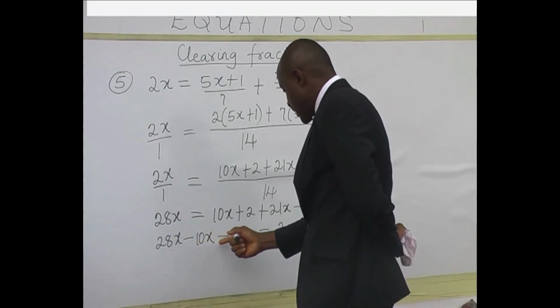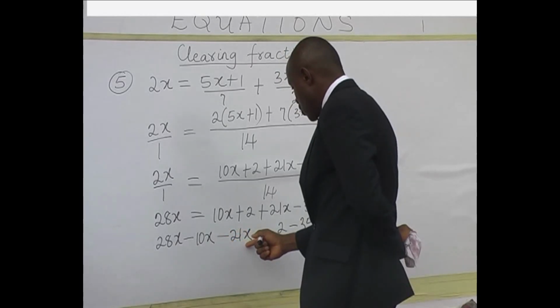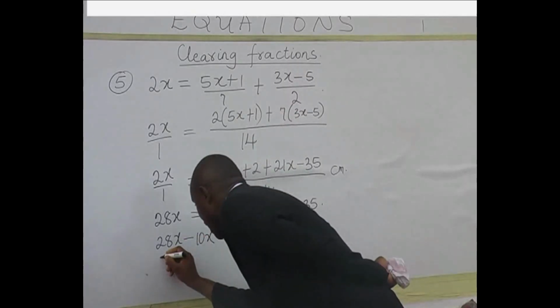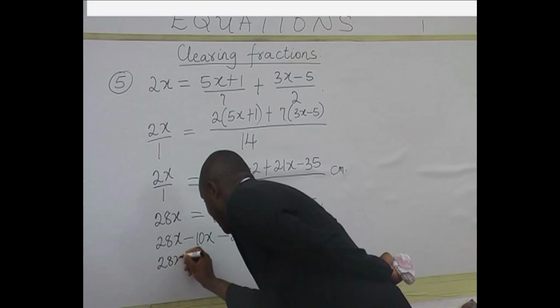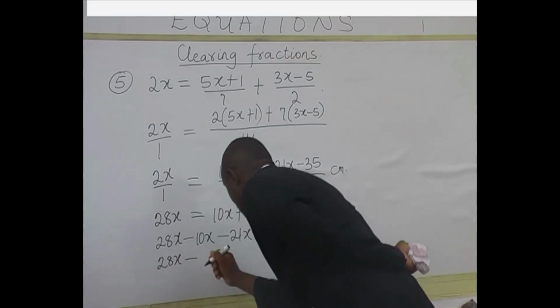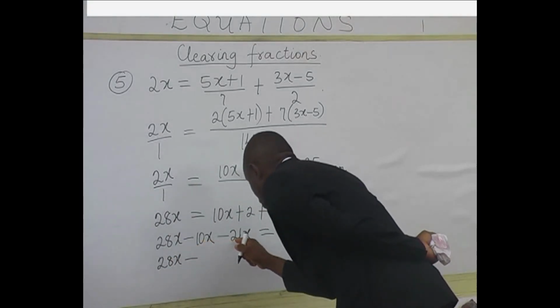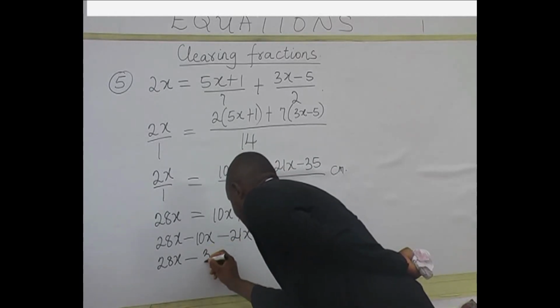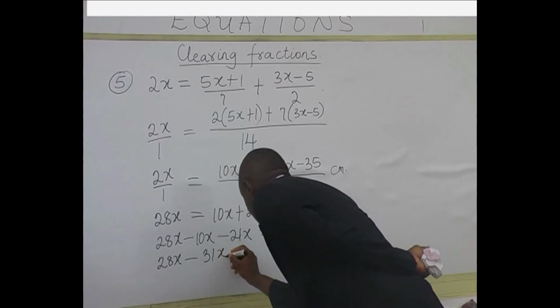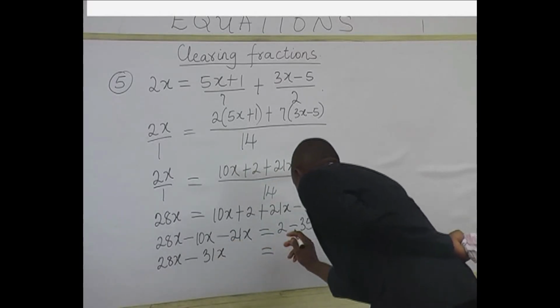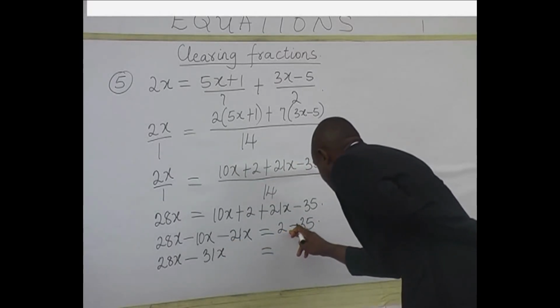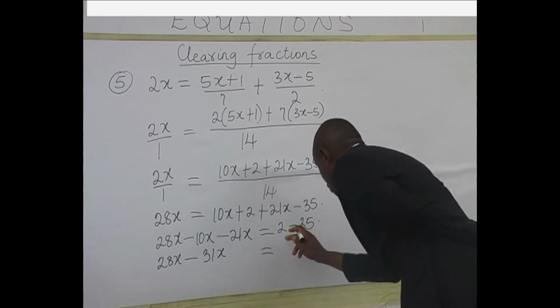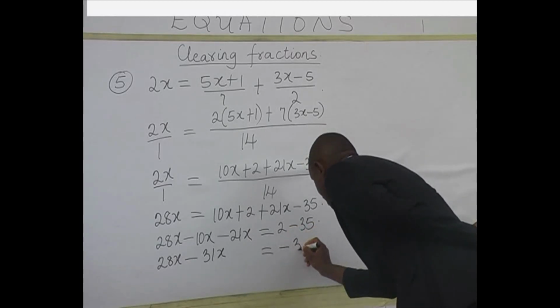Minus 10x minus 21x will give you minus 31x. That is, we are going to have 28x, I want to make it simpler, minus 10 plus 21 is 31. So we have 31x is now equal to, subtract that 31 from 2, you'll be left with minus 33.